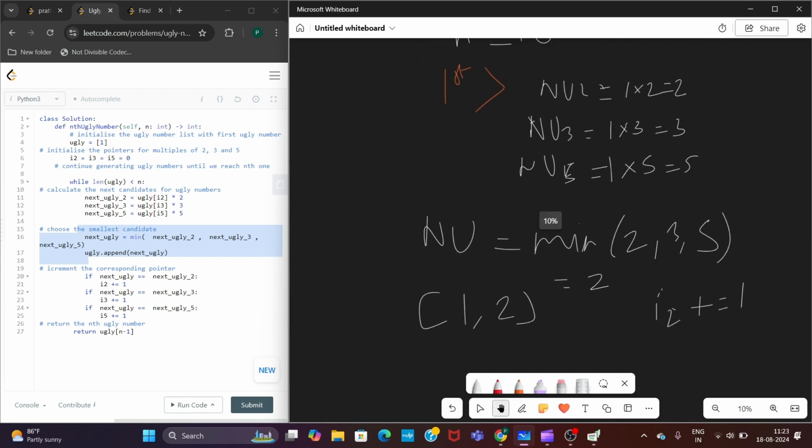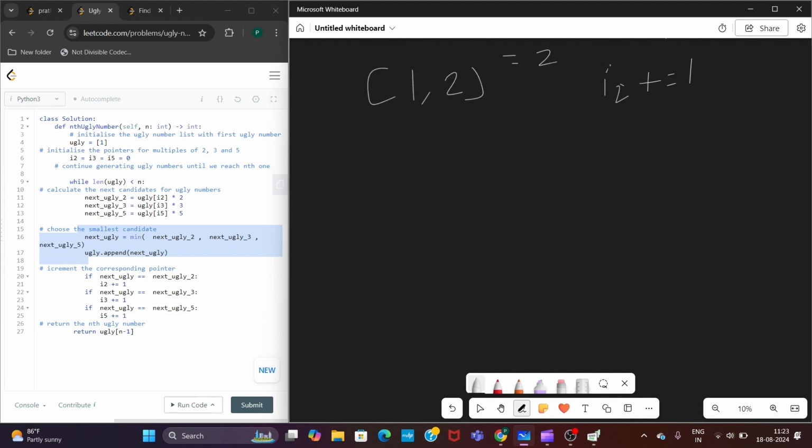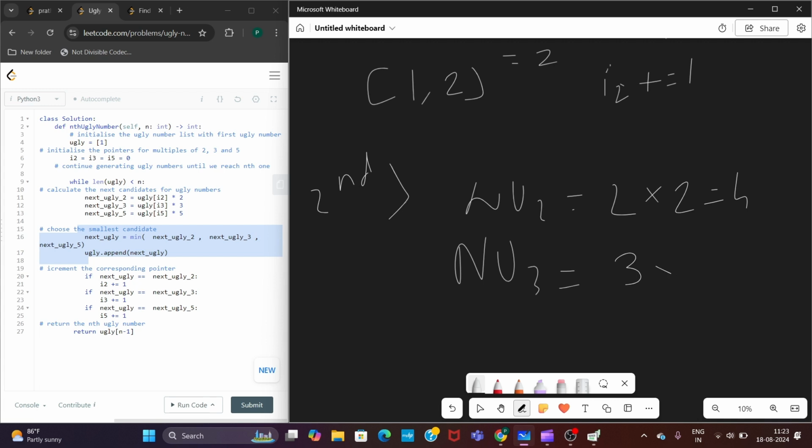Moving forward to our second iteration, our next ugly of 2 will be 2 into 2 which is 4. Similarly, next ugly of 3 will be 3 into 1 which is 3.